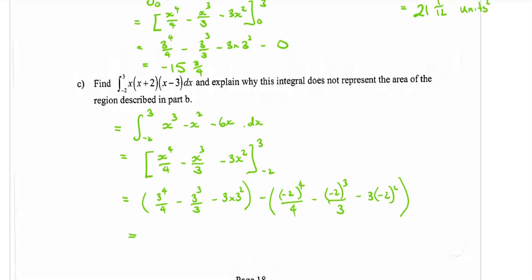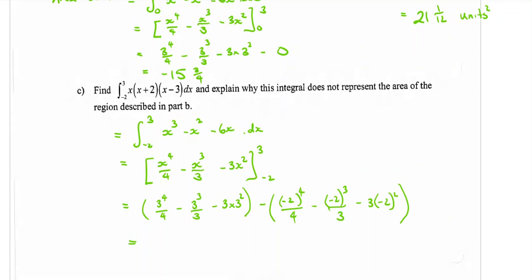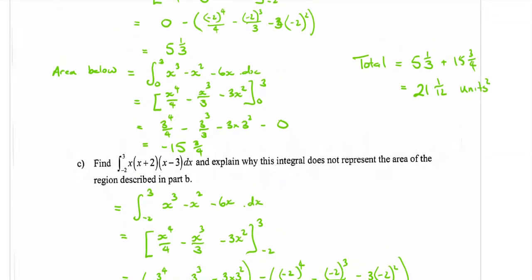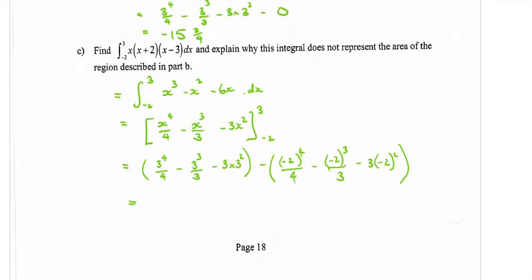Can you tell me the answer without actually typing that in? I will scroll back so you can see those numbers again. It's not 21. No. It's these two added together with that minus sign in it. So it's a negative 10 5/12. Because the integral itself doesn't know that I've got to actually make that negative part positive.